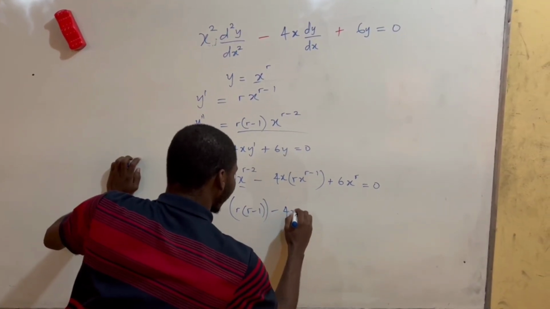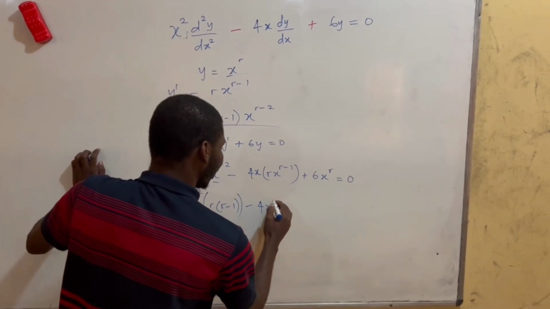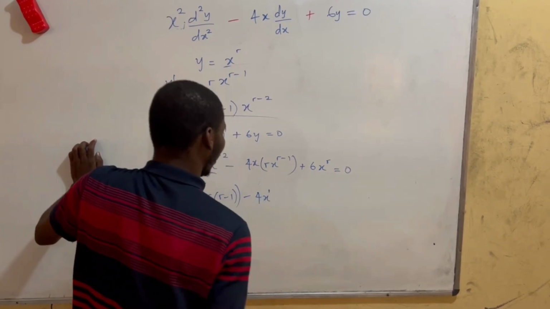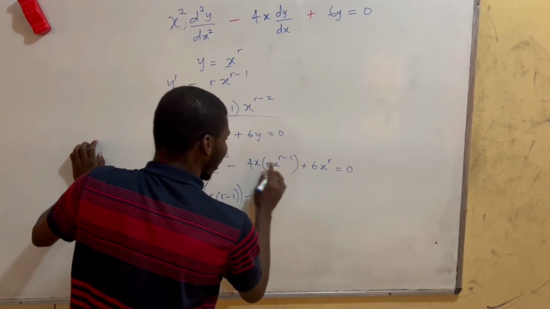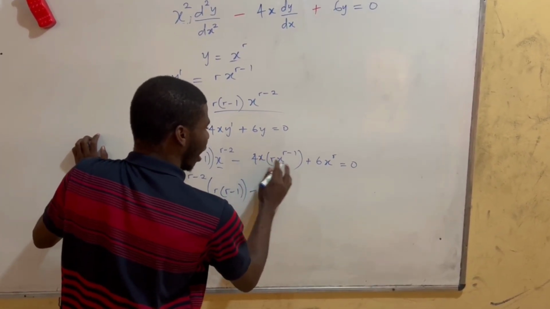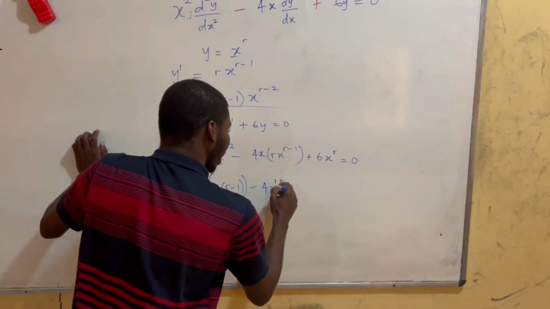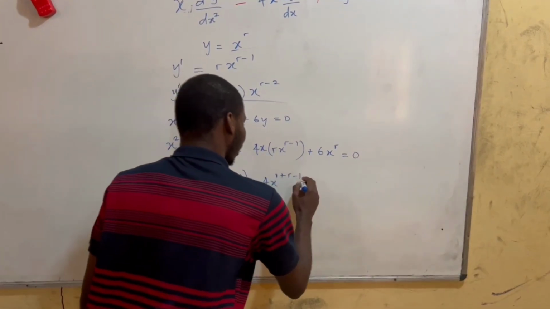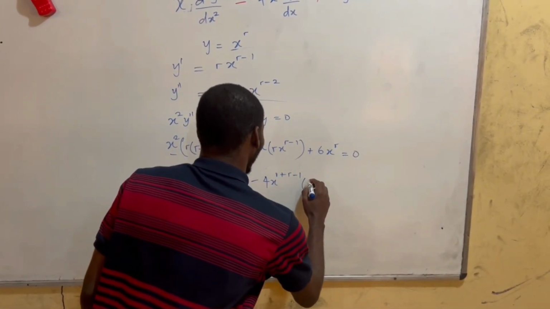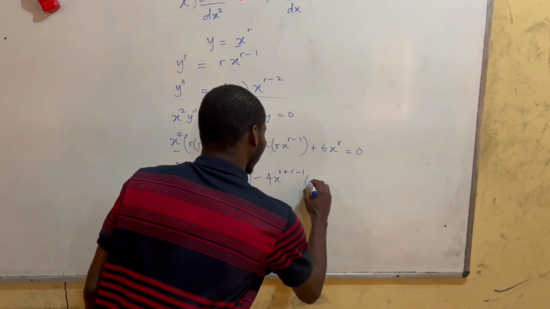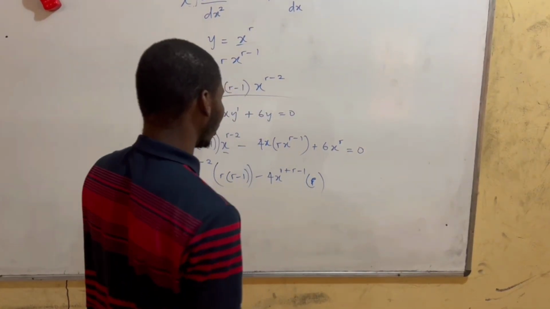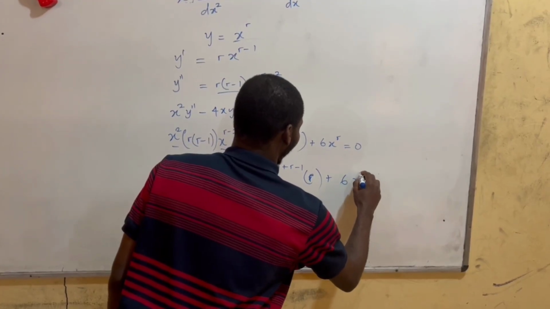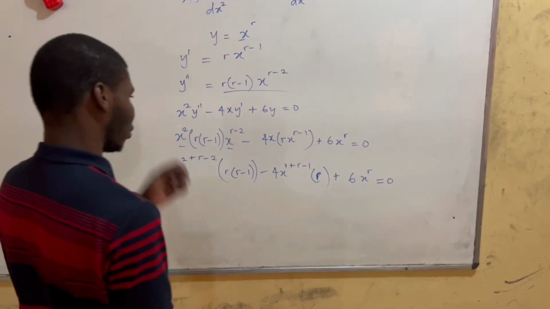We have 4x over here, this simply is x to the power of 1. We are combining this x here and this x over here, so we have 1 plus r minus 1. Then we are left with r. Plus 6 x to the power of r equals 0.